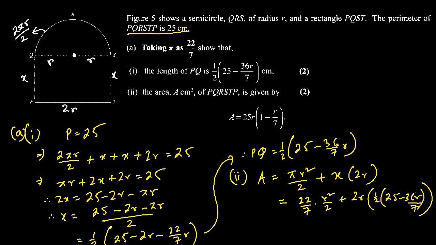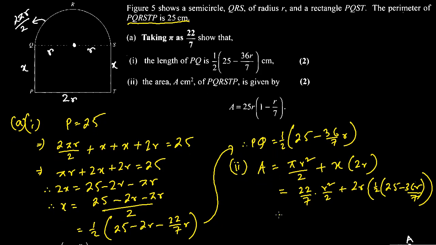So now we have to do a little bit of simplifying. We can cancel this 2 with this 22. So this would be 11 by 7 r squared, plus we can cancel this 2 and this, so it would be 25r minus 36 by 7 r squared.